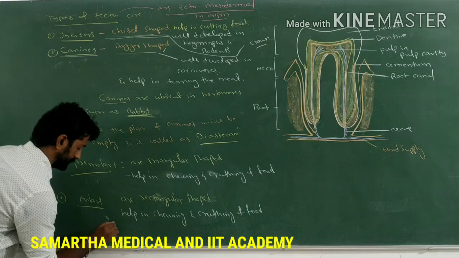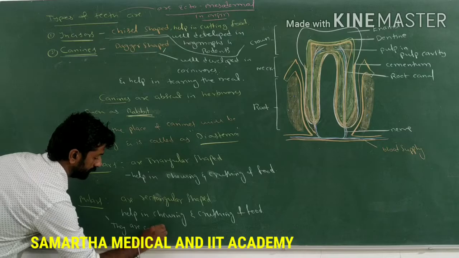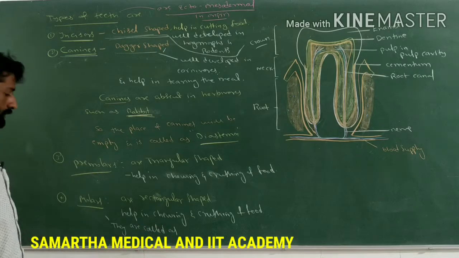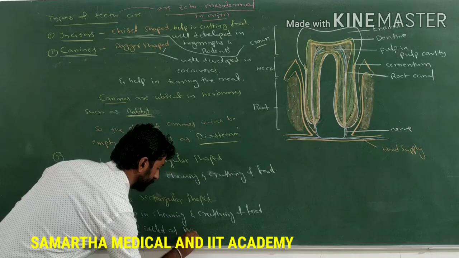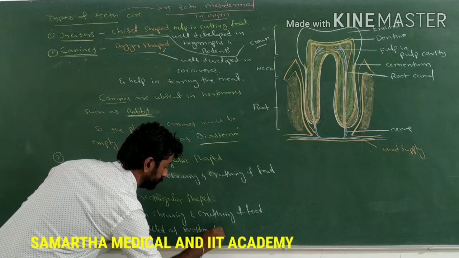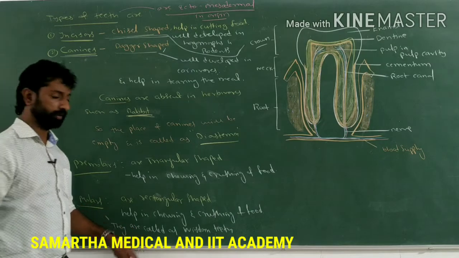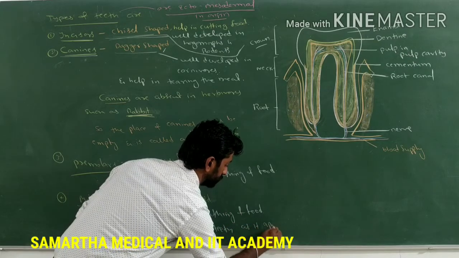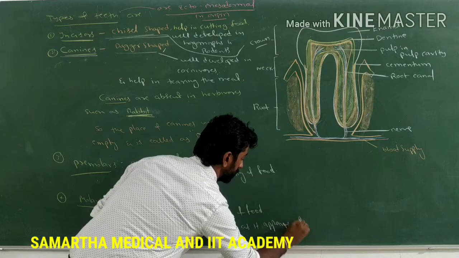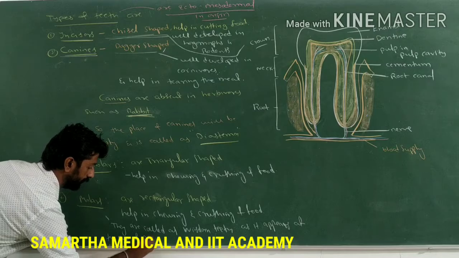Okay, so the molar which appears at the age of 21 is called the wisdom tooth.